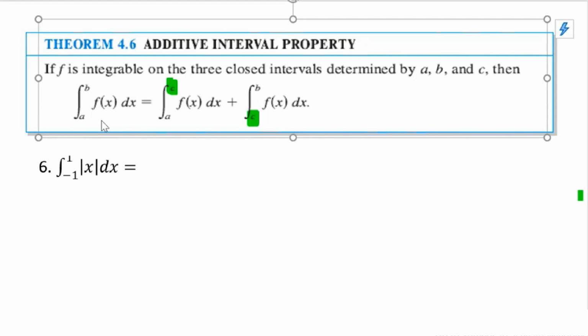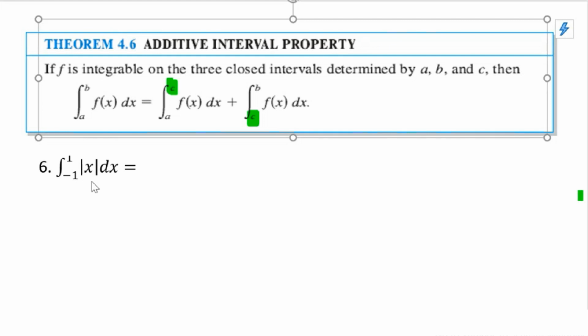Okay, so we have now example number 6. We have the integral of the absolute value of x dx evaluated from negative 1 to 1. We know that in the idea of absolute value of x, there are two possible values of x, the negative x and the positive x.